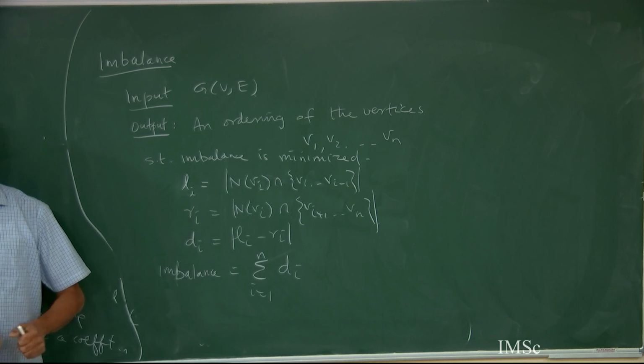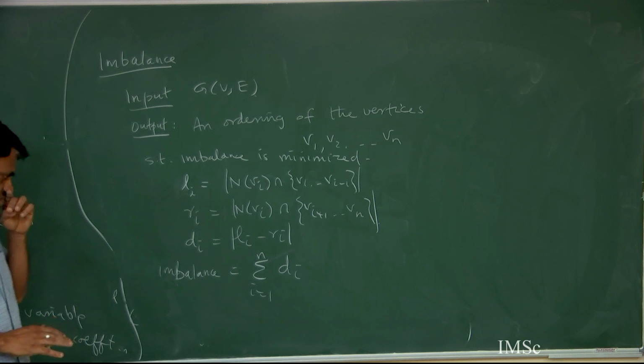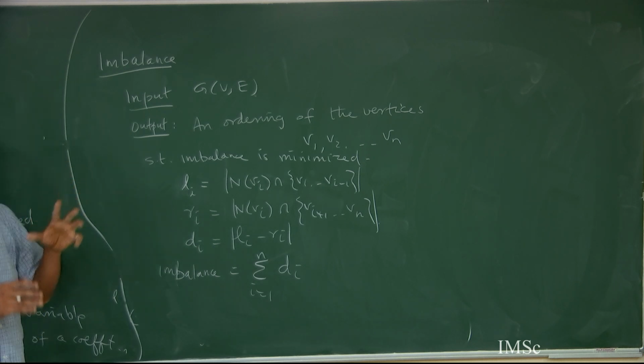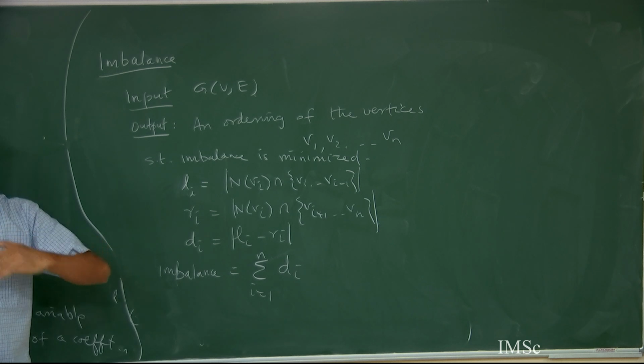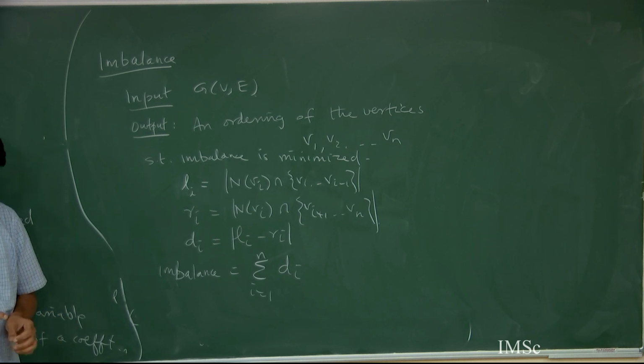You want an ordering that minimizes this. It's like an embedding problem: I have this graph and I want to embed it in a line.